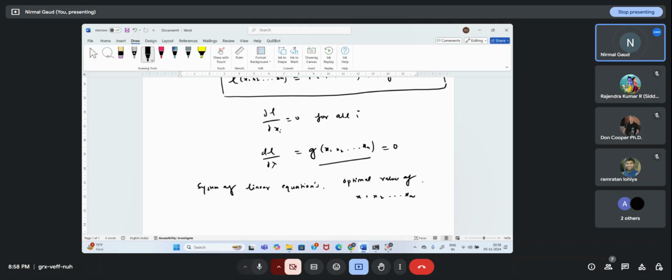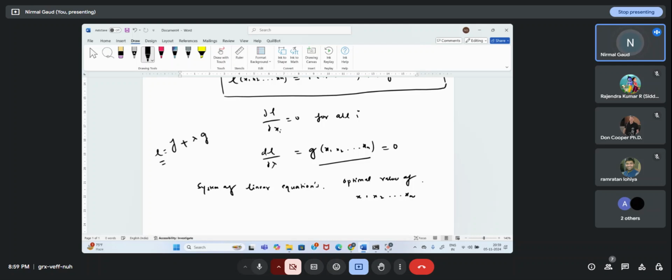Now, you may have a question like, sir, you have used this Lagrange theorem and we understood that. Sir, you have written f minus lambda g equal to L, but in the equation here you have written plus also. That doesn't matter.